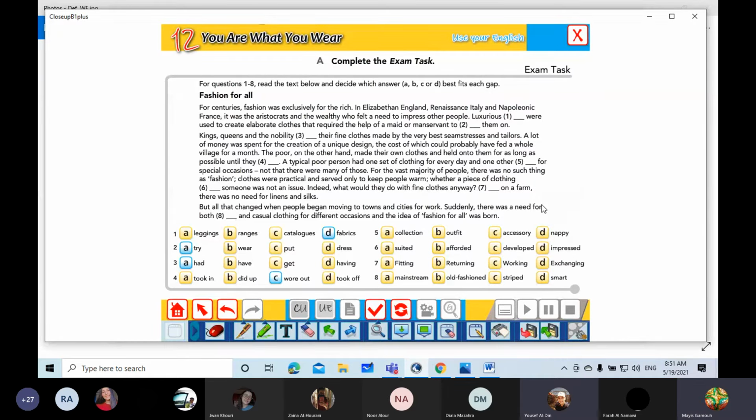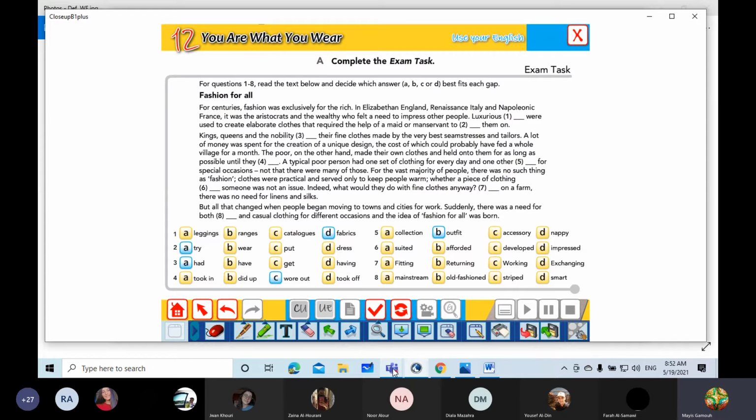Typical poor people had one set of clothing for every day, and one other outfit for special occasions. There were many of those. Okay, thank you, dear. Yes, it was correct.